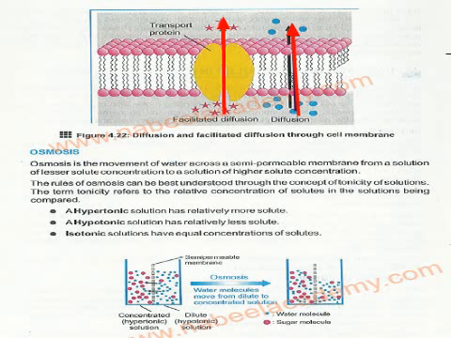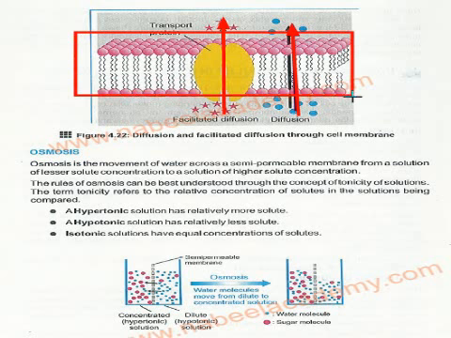This all is the cell membrane, and it's a bilayer. We already know that bilayer means this is the first layer and this is the second layer of the lipid, so a lipid bilayer is present in a cell membrane.